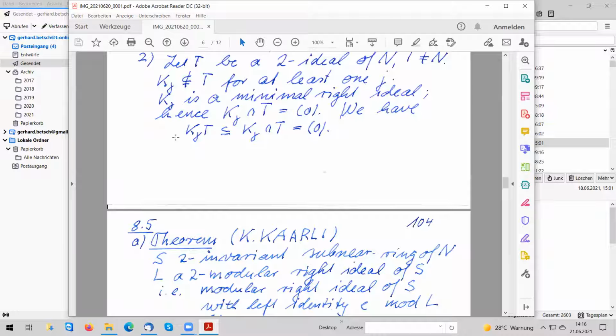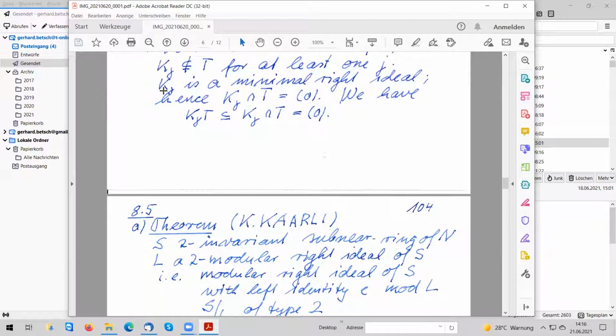Now we consider a theorem by Cayley. One of the main problems in handling radical theory is that, while being a homomorphic image is transitive, the homomorphic image of a homomorphic image is still a homomorphic image, an ideal of an ideal is not an ideal in the big structure.